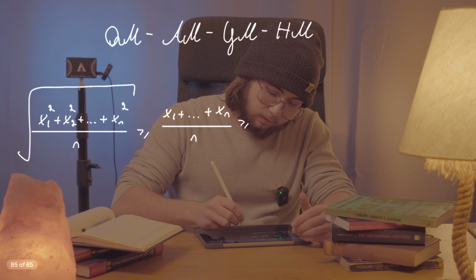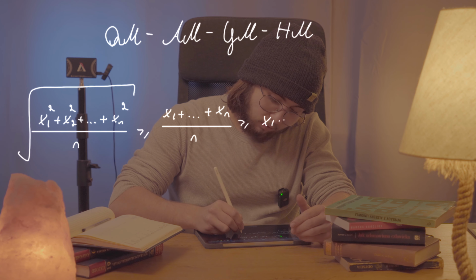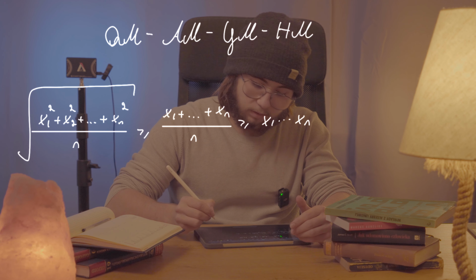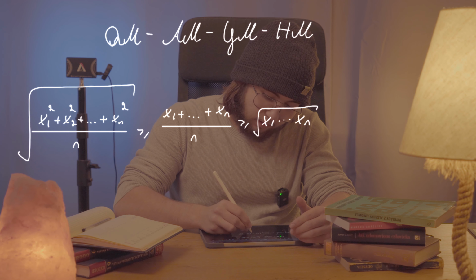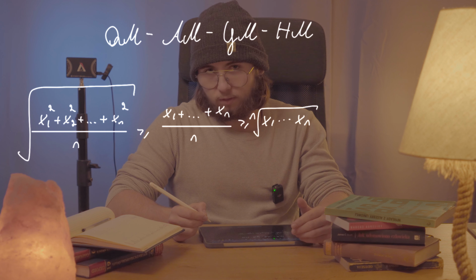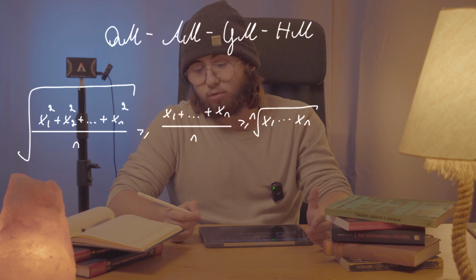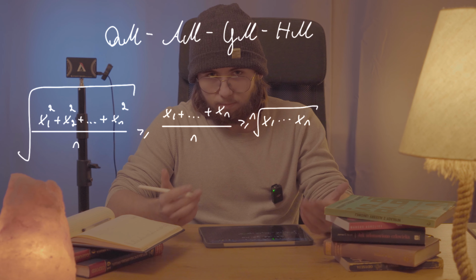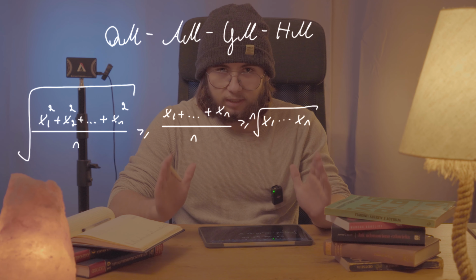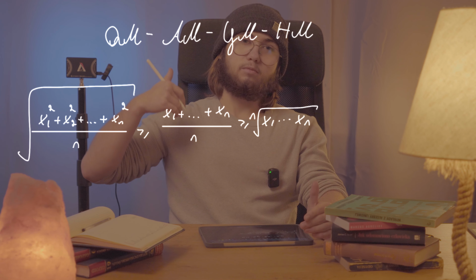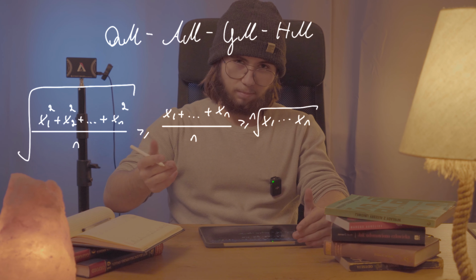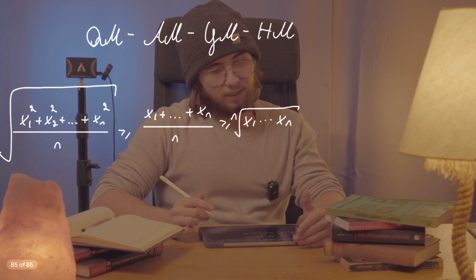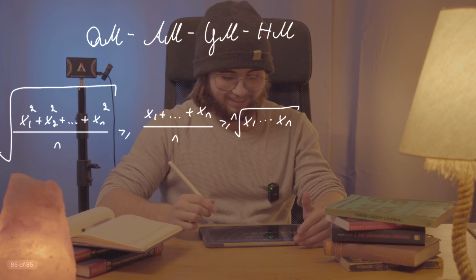That mean is the product of all of the numbers we want to take the average of, and we take the nth root, where n is the number of numbers in the product. So we take the product, and then we take the root of the degree of the amount of numbers that take part in the product. So the nth root of x1 through xn.